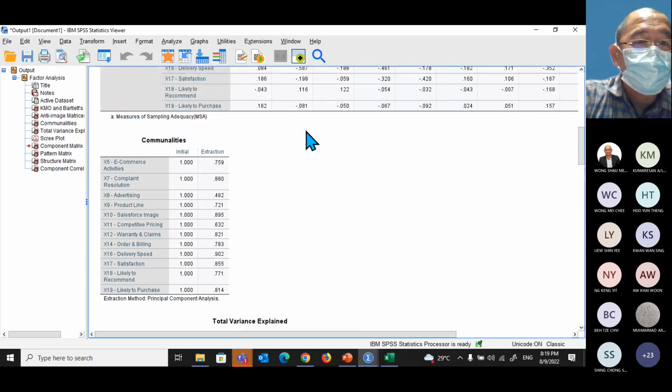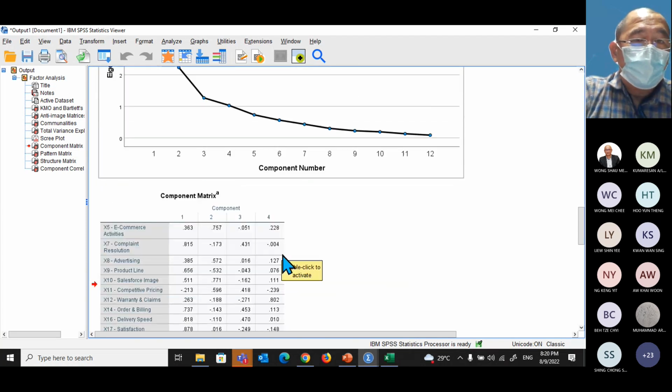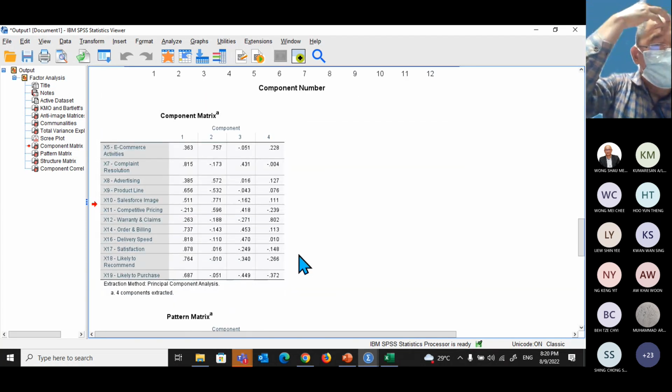But then it may remove x8, and the outcome may be different. Second, we don't have a very strict cutoff point.